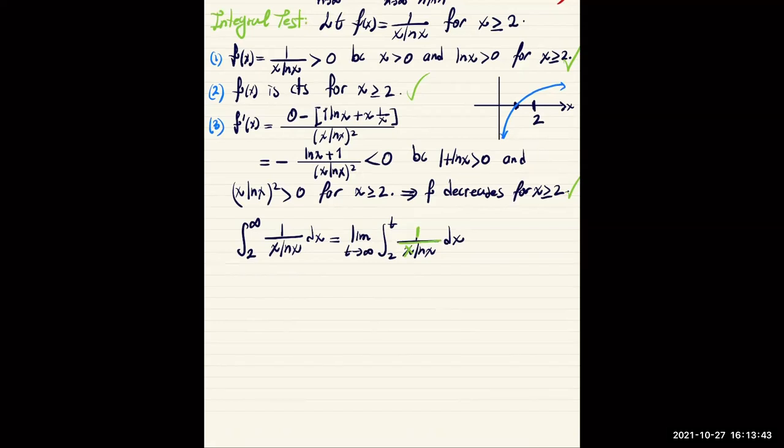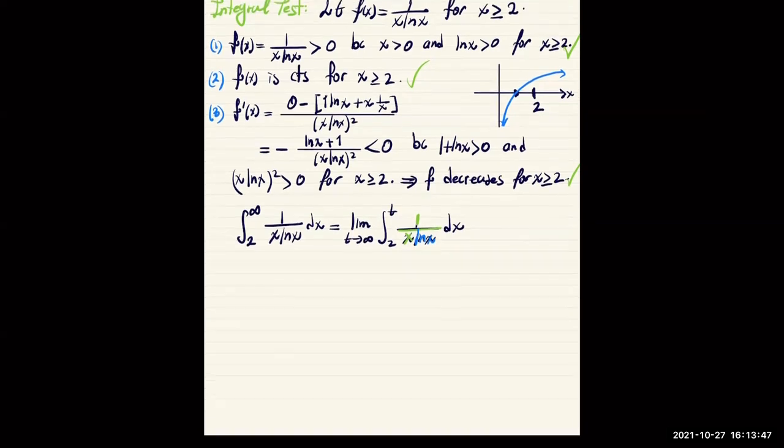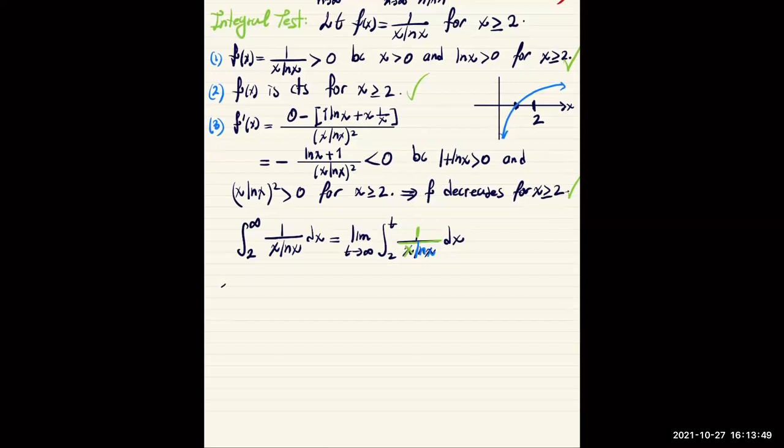I'll write ln of x in blue like that. So let u equal ln x, which means du is 1 over x dx.